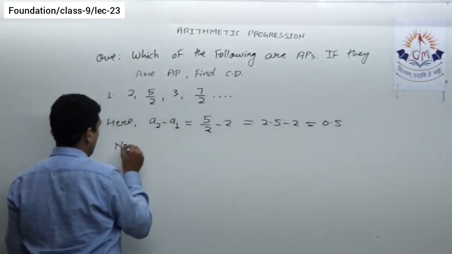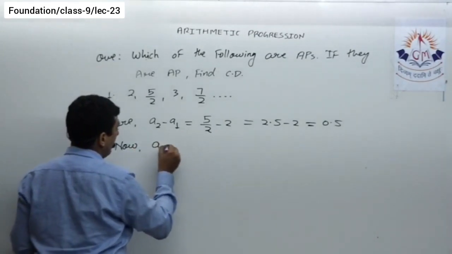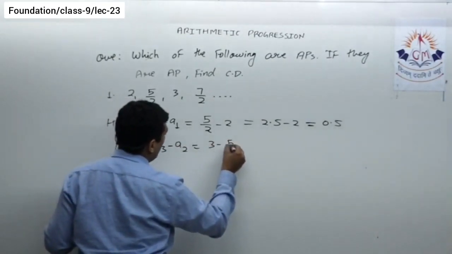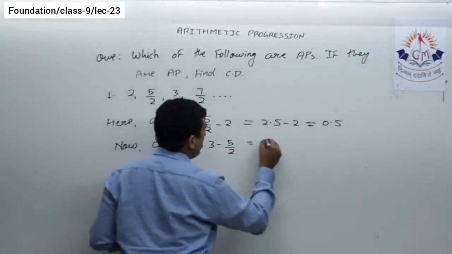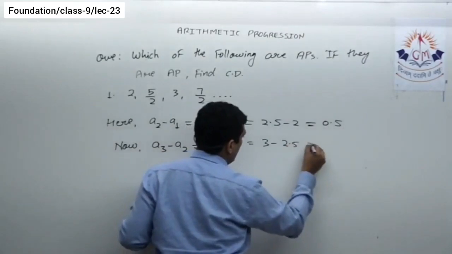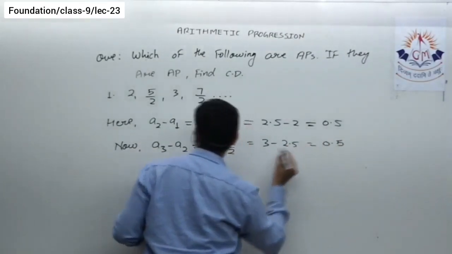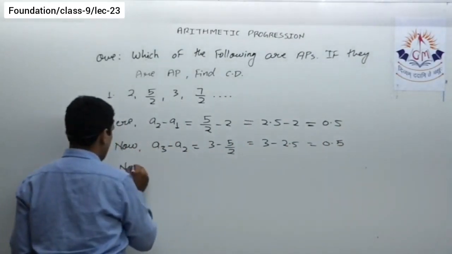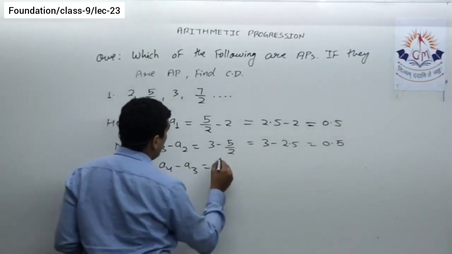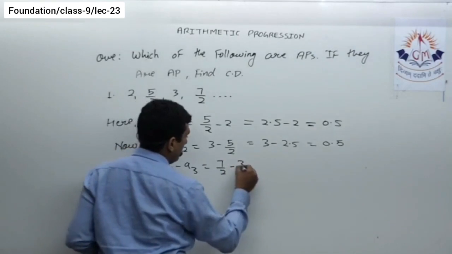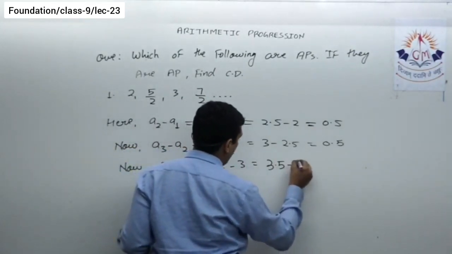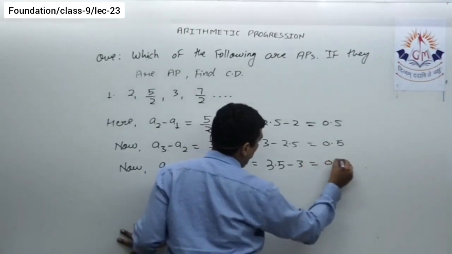Okay, now A3 minus A2, that is 3 minus 5/2, that is 3 minus 2.5, that is 0.5. Now A4 minus A3, so 7/2 minus 3, that is 3.5 minus 3, that is 0.5.